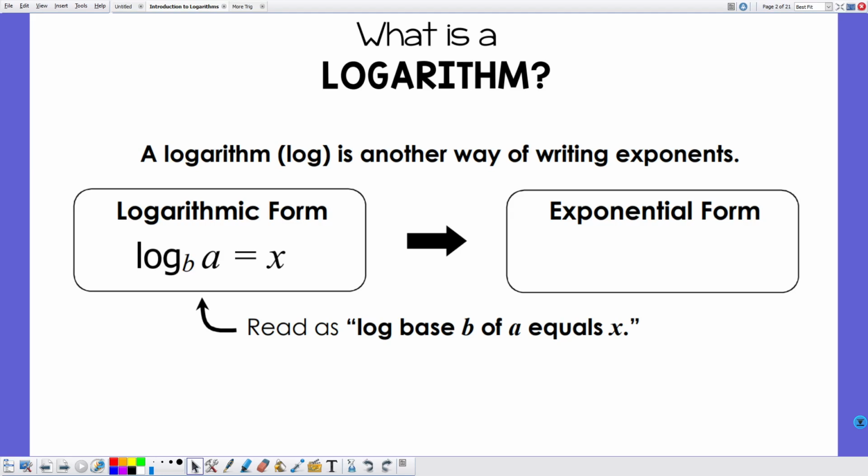Hello. So, today we start a very big and important topic in math, the logarithm. Now, I'm just going to be honest, it's not my most favorite topic out there. It is what it is.